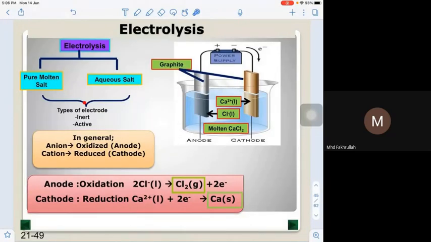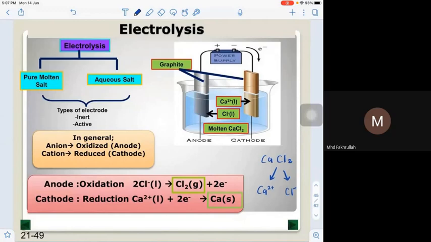Then look at the electrode. It can be inert or active, as I said just now. In general, when we have a salt, we know that the salt consists of an anion and a cation, right? When we have calcium chloride, for example, CaCl2, the salt will dissociate into two ions, which are Ca2 plus and chloride ion.